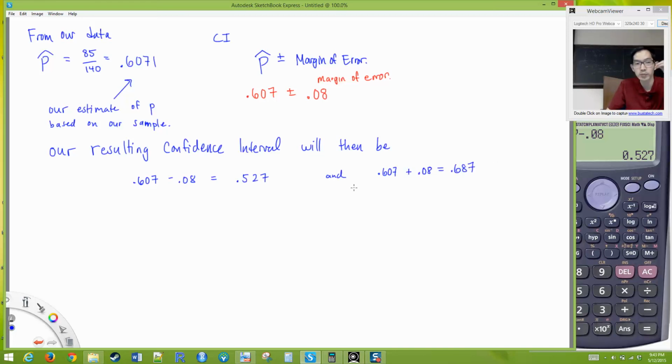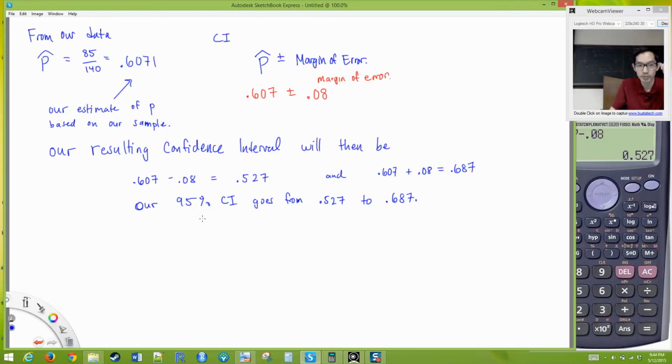So I'm going to write our 95% confidence interval goes from 0.527 to 0.687. Where do you get 95%? Again, I will cover all of this, but just for now, go with me saying 95%, okay? And I'll talk about what it means to be 95% confident.